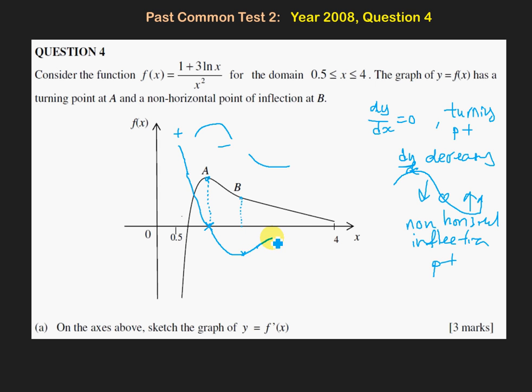But after b, the slope tends to be negative in nature, so it will still remain below the x-axis but tends to 0. So that would be your f prime.